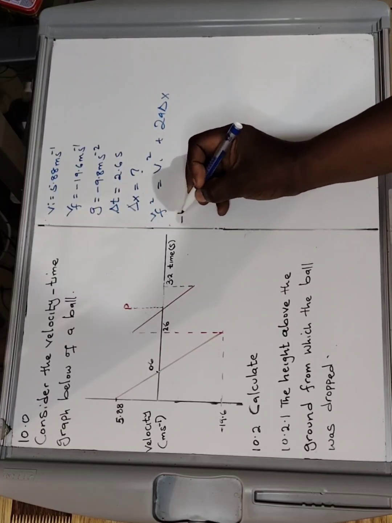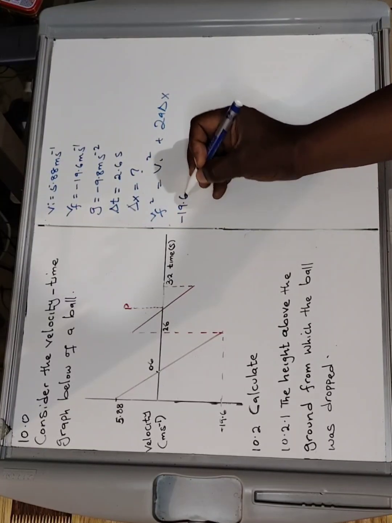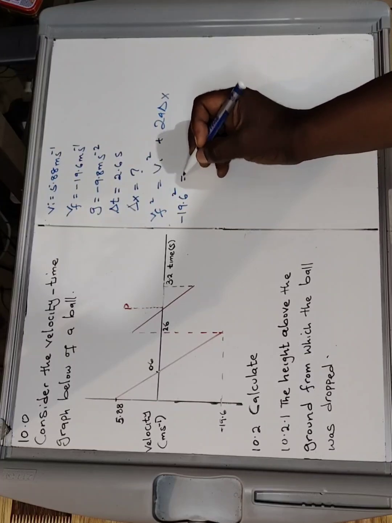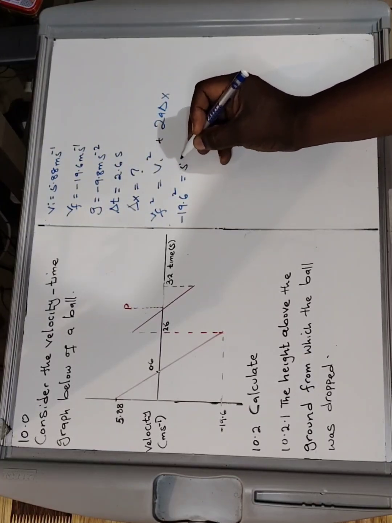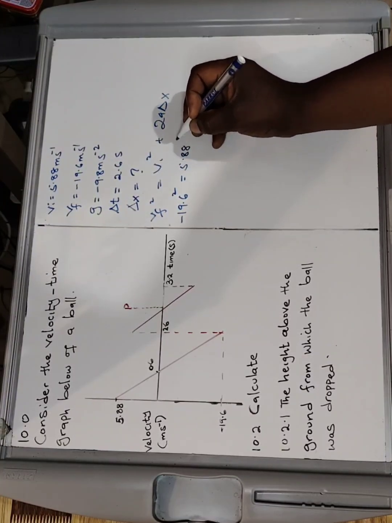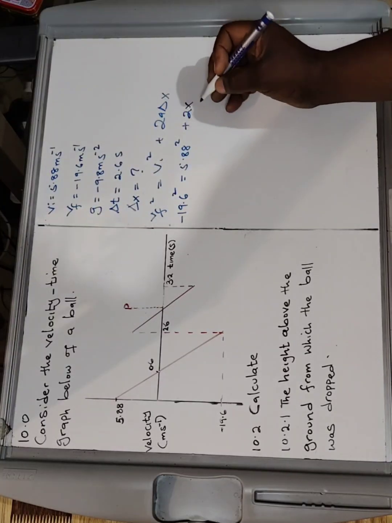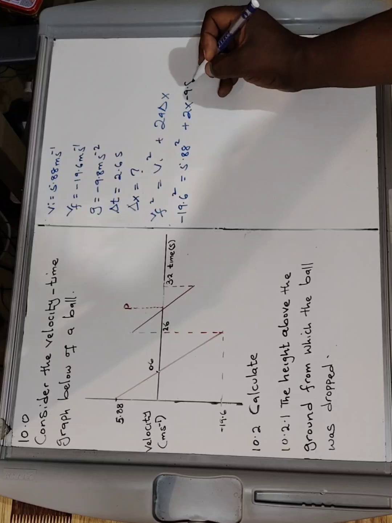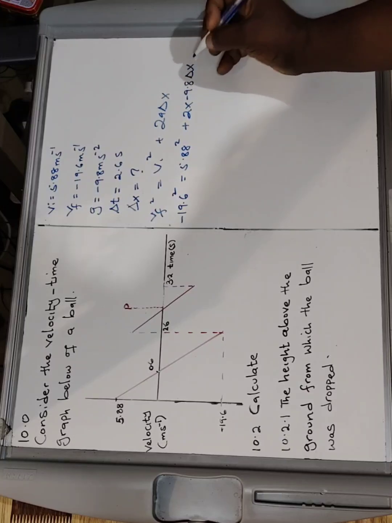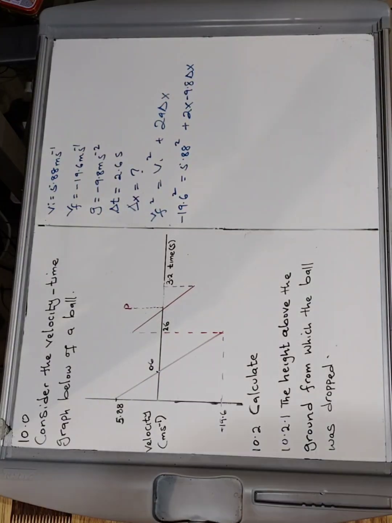We have minus 19.6 squared, initial velocity is 5.88 squared, and 2 times negative 9.8 delta x. When you look at that equation, the only unknown is delta x. So we rearrange and then get the answer from the calculator. Let us see what we can get.